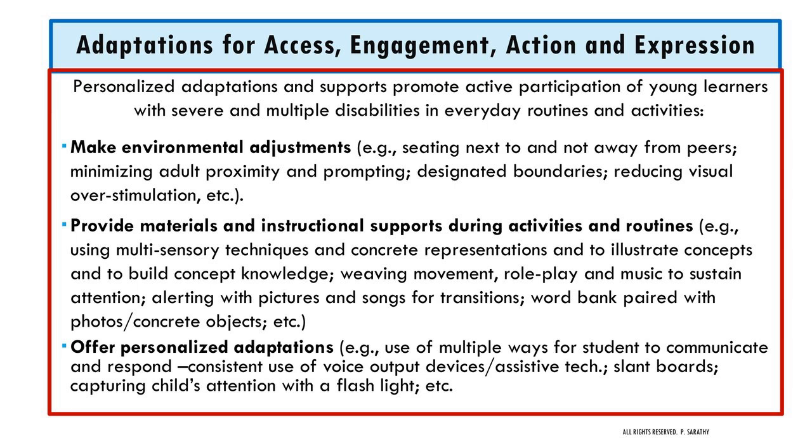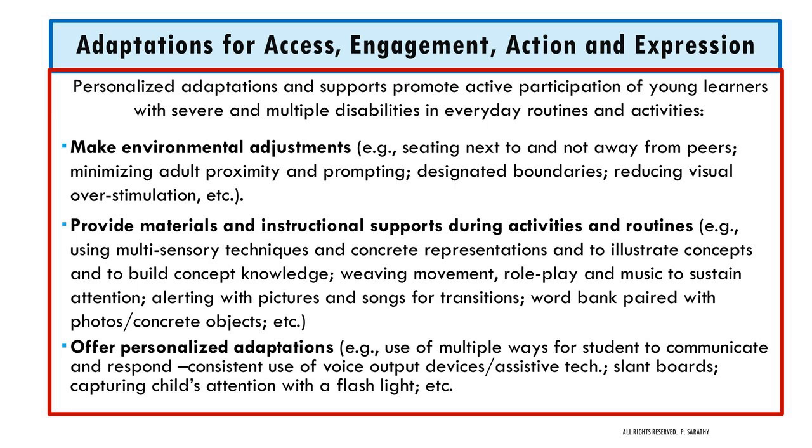One of the first things I would recommend, because one of the things that I often see when I go into these classrooms is that the student with significant, severe, and multiple disabilities is kind of sitting away from the other students, and usually there is a para-educator sitting right next to, in very close proximity to the student.